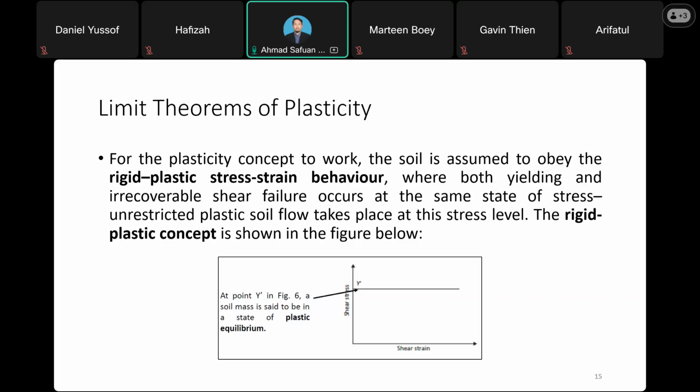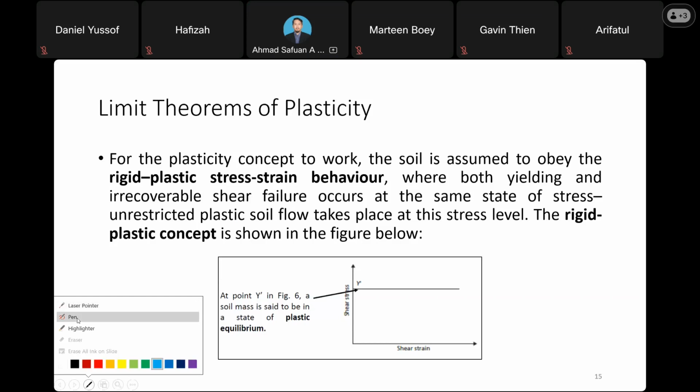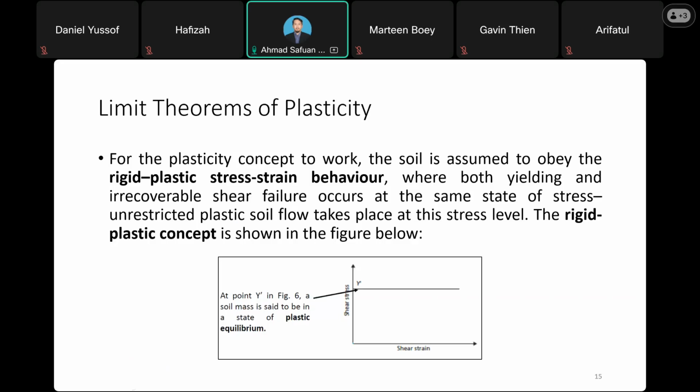Okay, for example, for a normal stress strain, it has this elastic condition, then it reaches the yield or plastic peak.